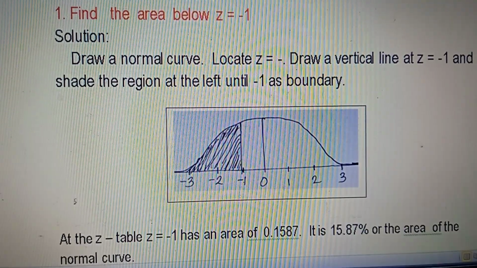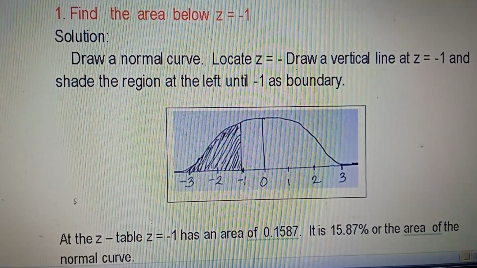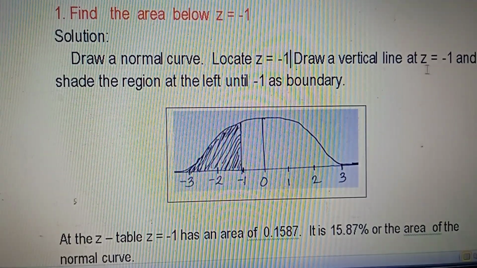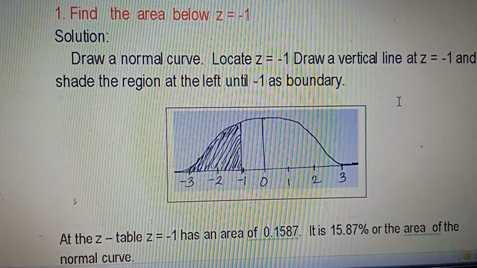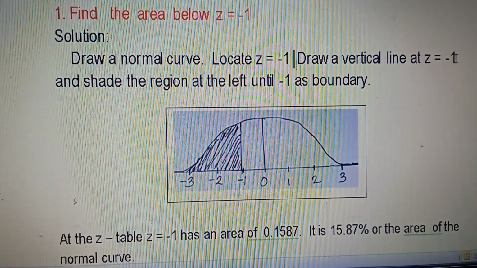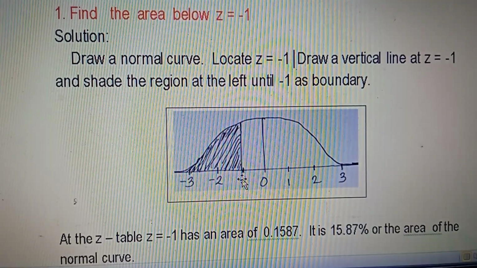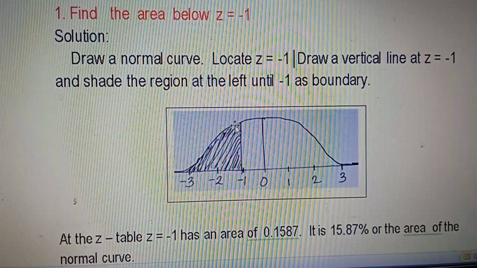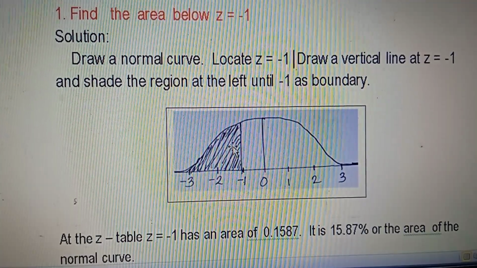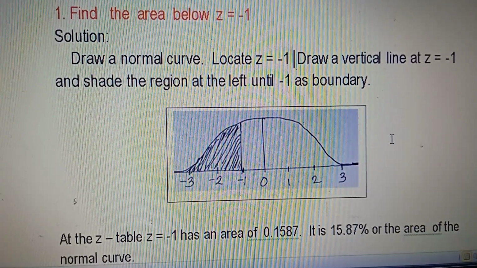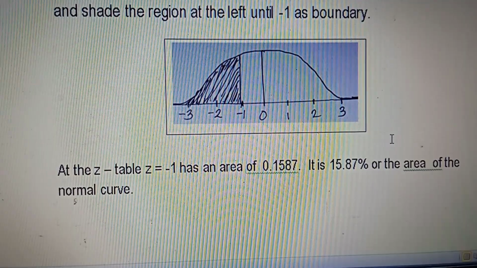Draw a vertical line at z equals negative 1, and shade the region at the left with negative 1 as the boundary. So shade this region. That's how to draw a normal curve.